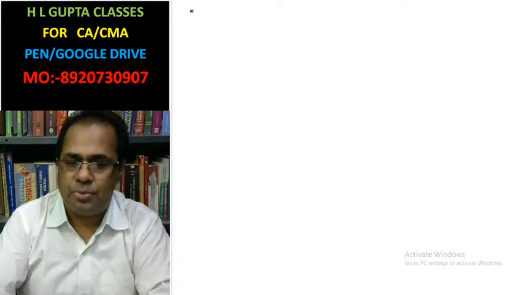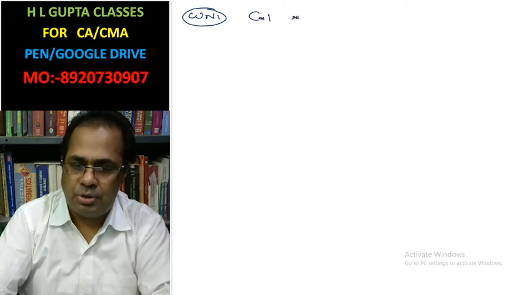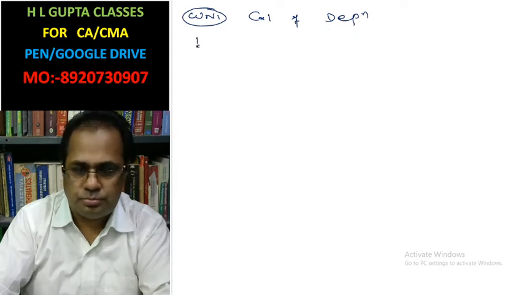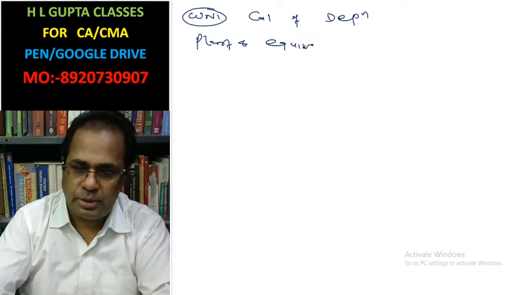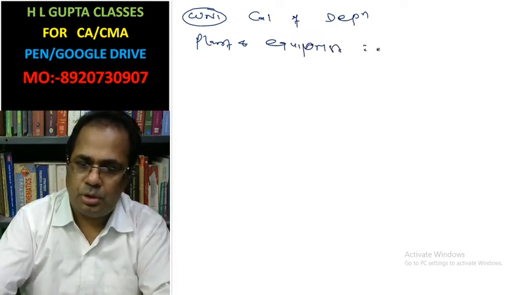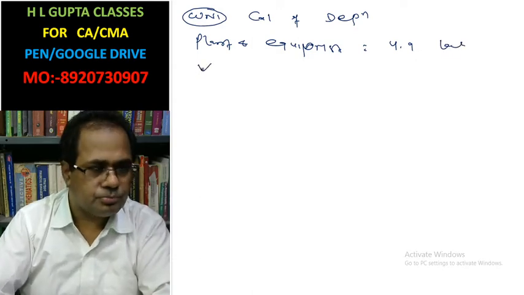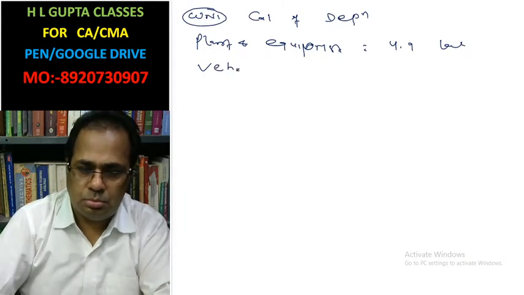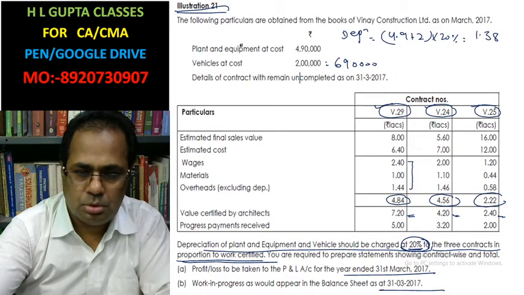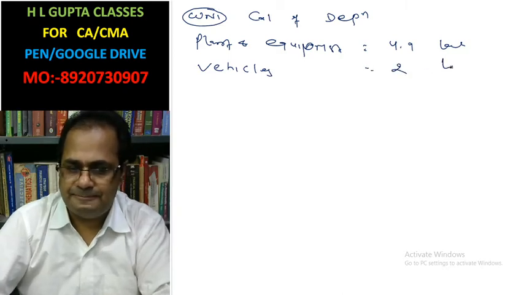So first we have to calculate depreciation. Working note first: calculation of depreciation. Plant and equipment value: plant and equipment 4.9 lakh, vehicle 2 lakhs.